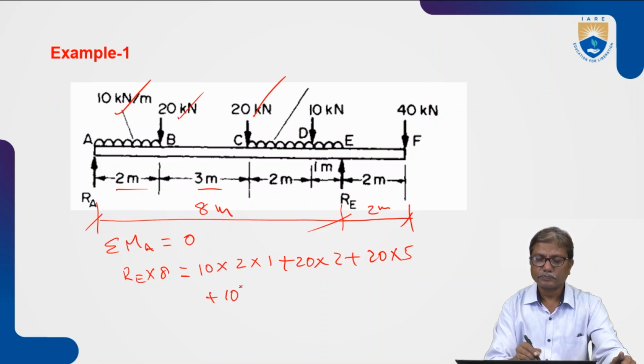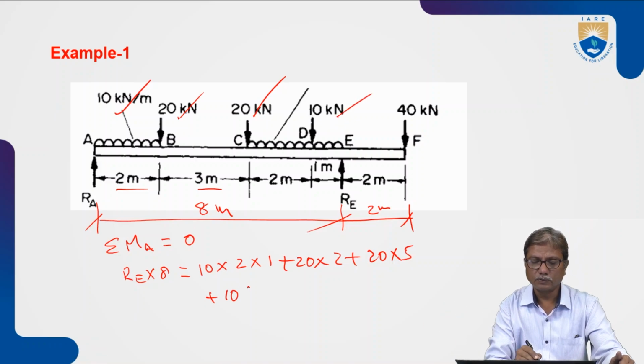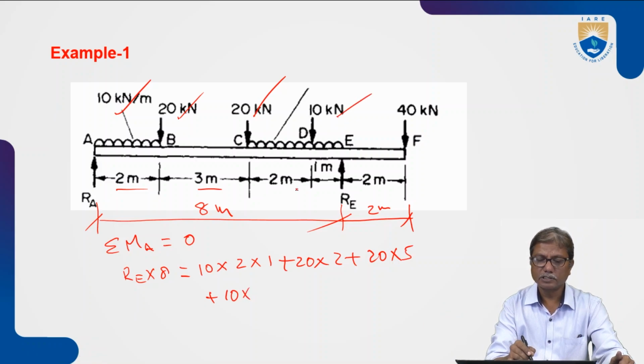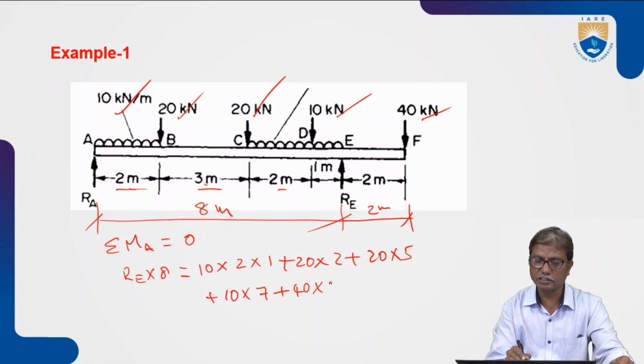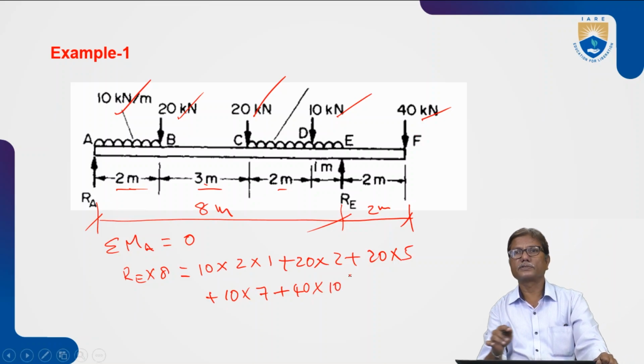Plus the third point load, 10 into, distance is 2 plus 3 plus 2, 7, plus the fourth point load, 40 kilonewtons acting at the free end, and its distance is 10 meters.